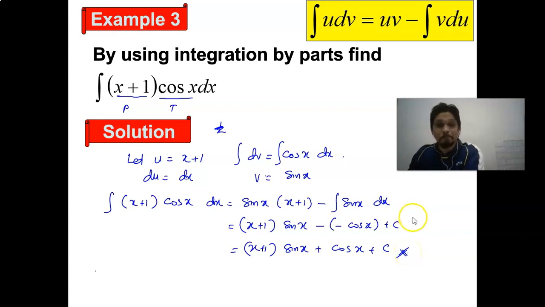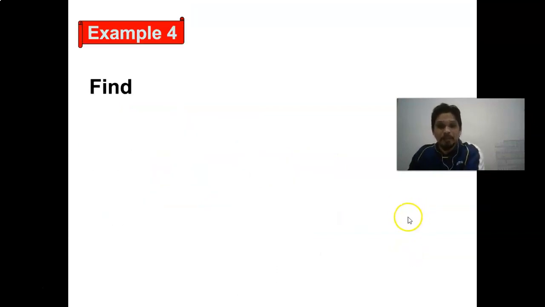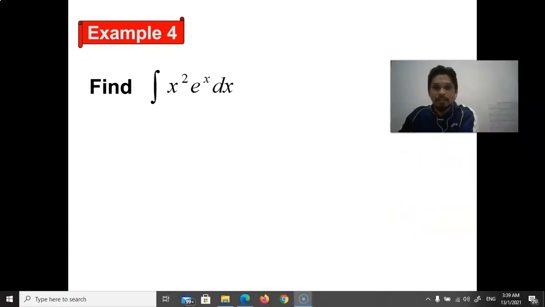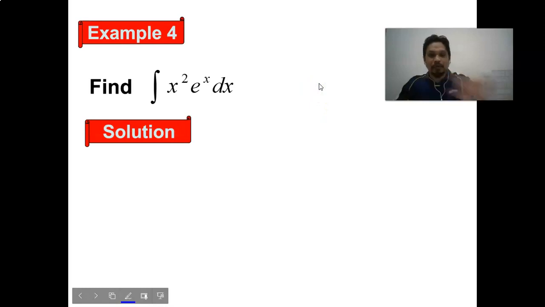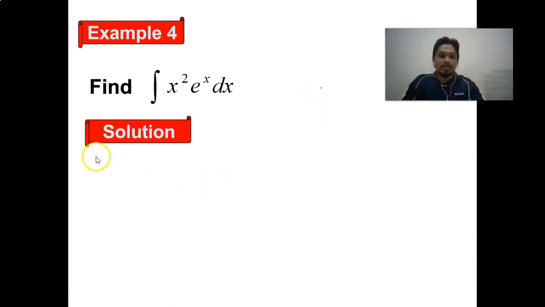Okay, find the integral of x squared e power of x dx. So let u and dv. Now this one is between the polynomial and exponential function, LPET.